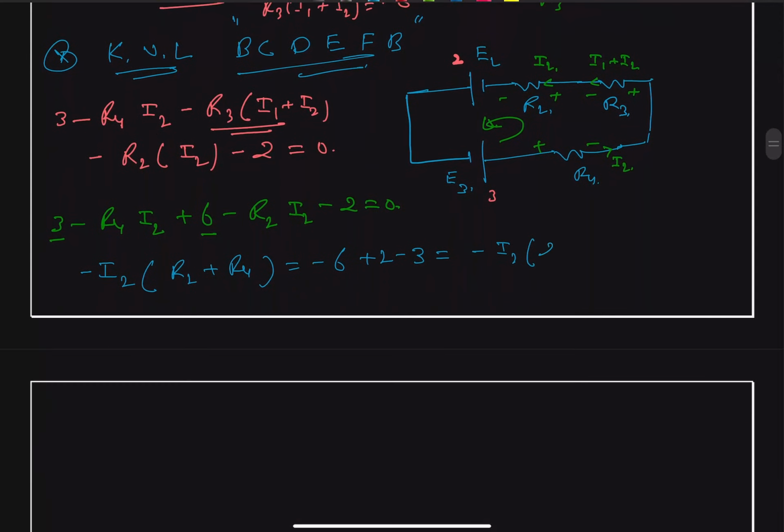So this comes as 2 plus 3 will be equal to minus 9. Minus 9 is minus of 7. Minus and minus will cancel out. So we get our I2 is equal to 7 upon 5.